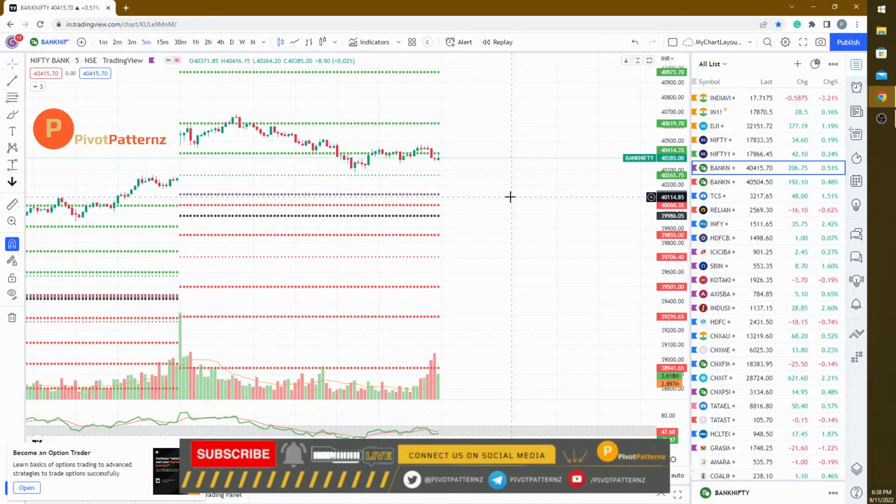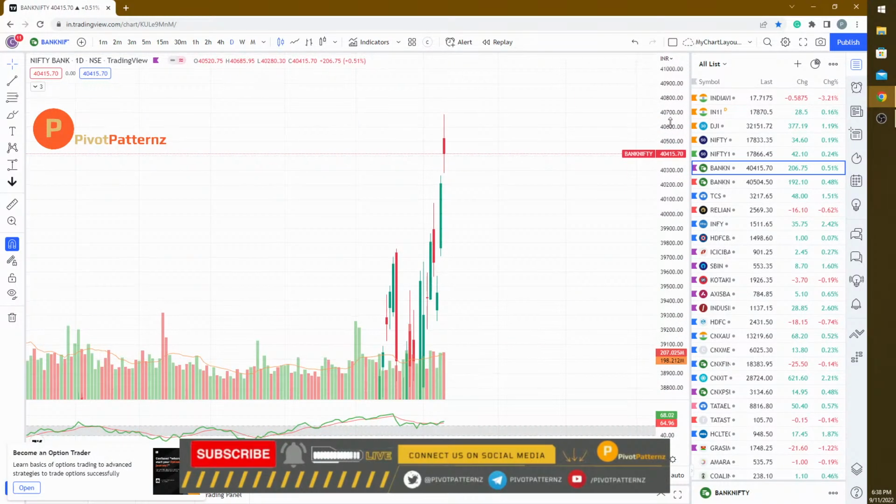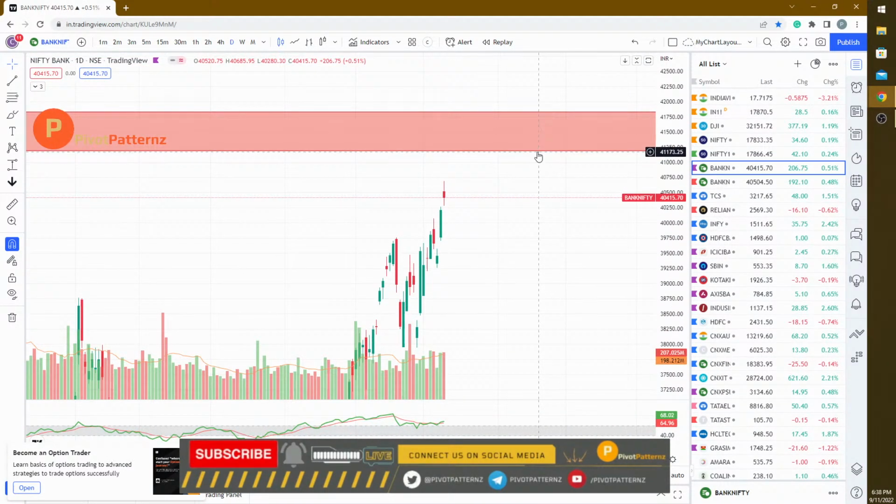So what I suggest is simple. If we open gap up, be mindful of this zone, that is 41,100. Don't go long if we open gap up, because Dow Jones has closed positive and we are flat on SGX Nifty.